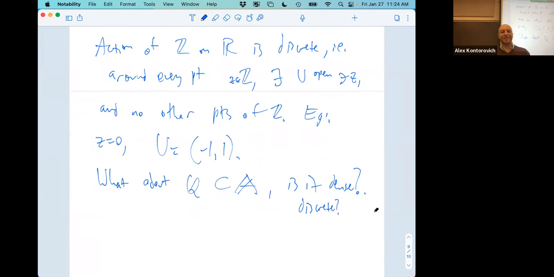No. So can I find an open set? This is weird, like open ball structure. This is what I want to get our intuition wrapped around. How does this look?